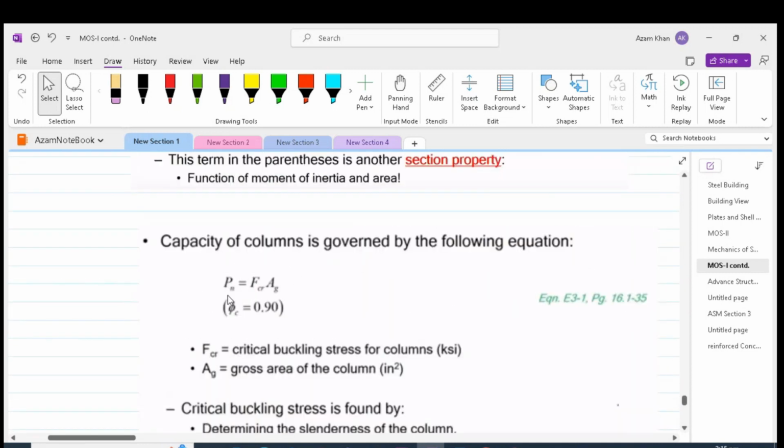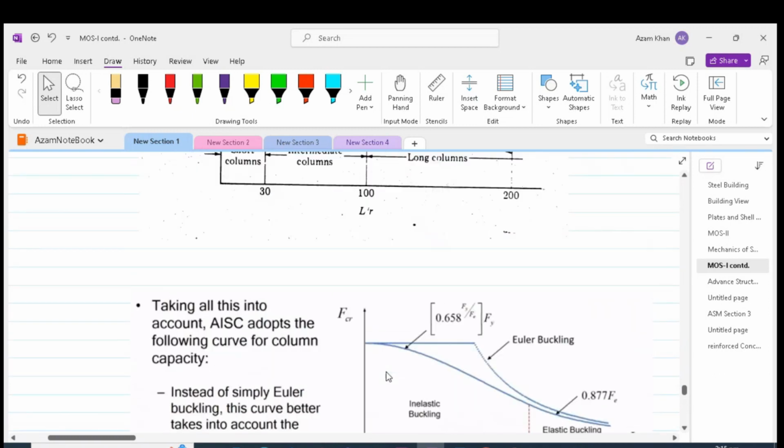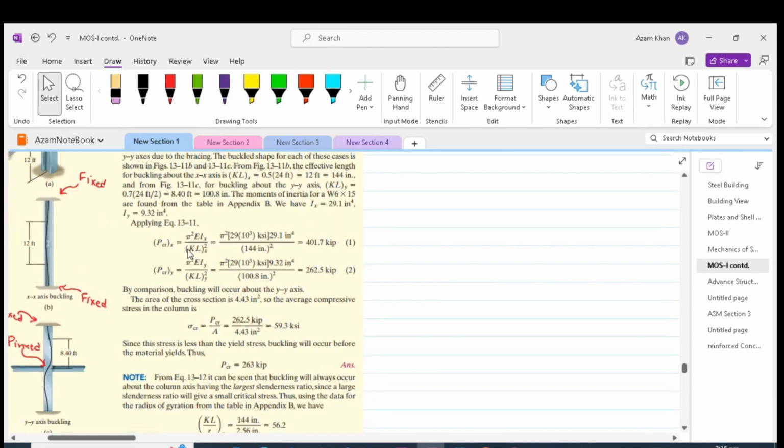For example, the column allowable load is multiplied by a factor which is less than 1. That is to add more conservatism because of uncertainties in the design. Then the code adds additional conservatism by enhancing the value of K. We can see that if we take a bigger value of K, that will give us a smaller critical load.